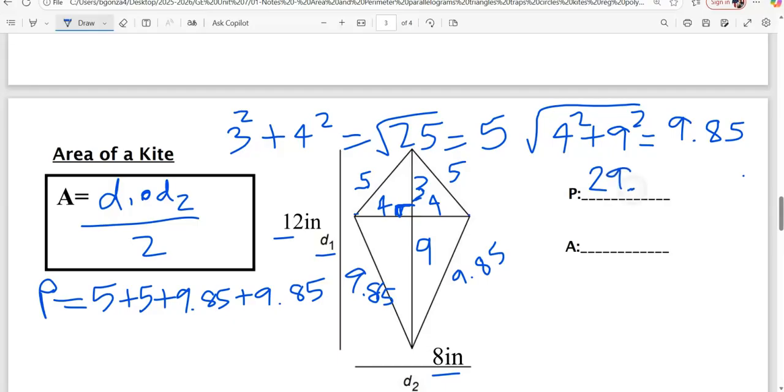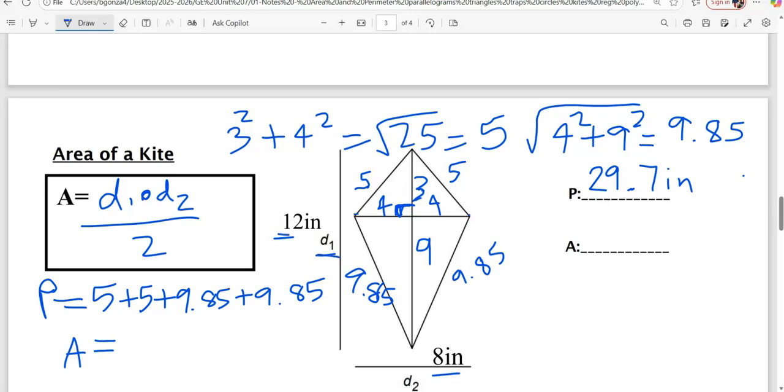And my units of measure are inches. So again, if you are missing a side, you have to use Pythagorean theorem if it's a right triangle. Now the area will be significantly easier because we know D1 and D2.